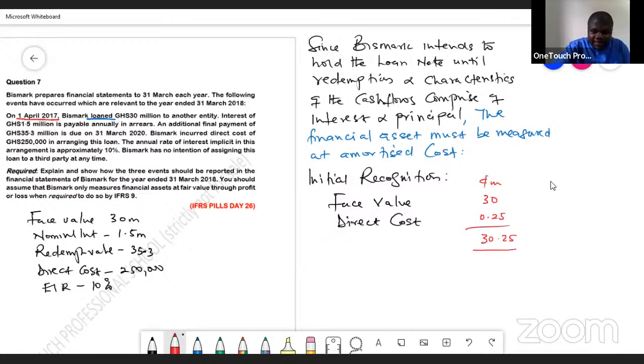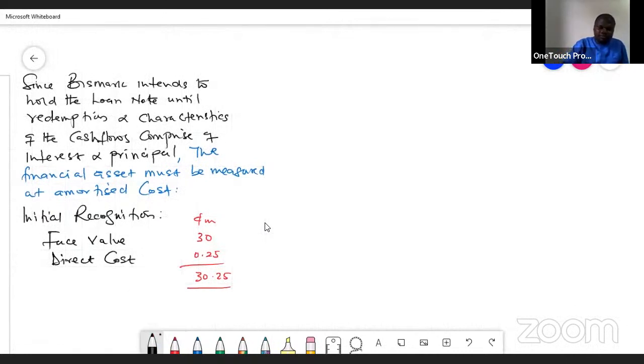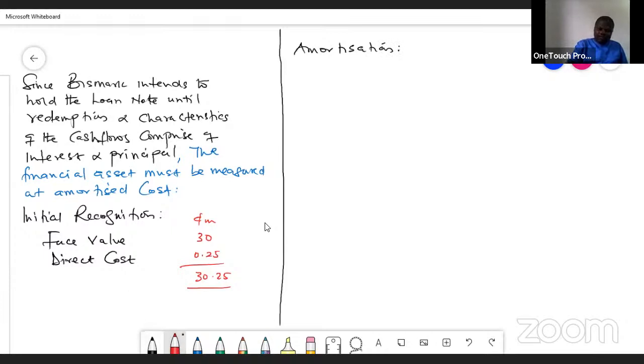Then we'll do the amortization. Effective interest at 10%, nominal 1.5 million. We are going to have the years. It's for 3 years, eh?